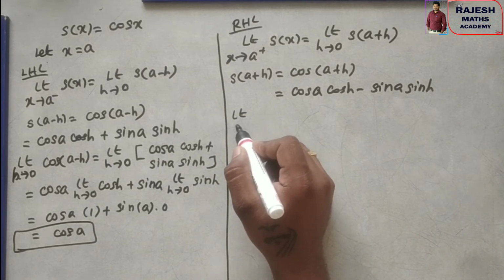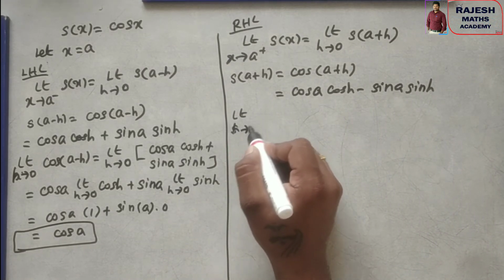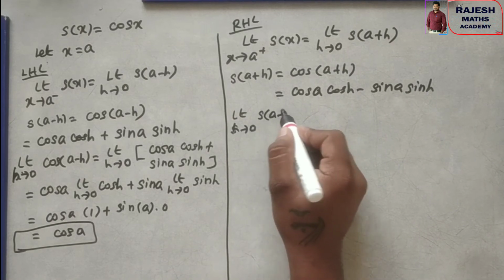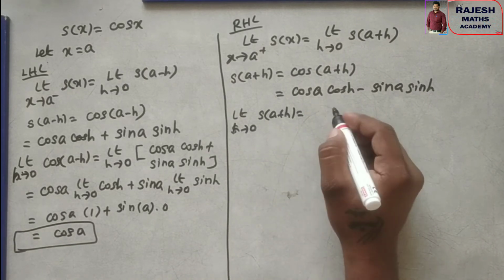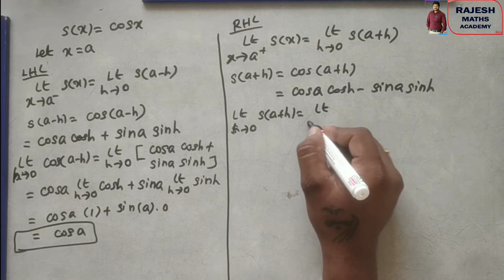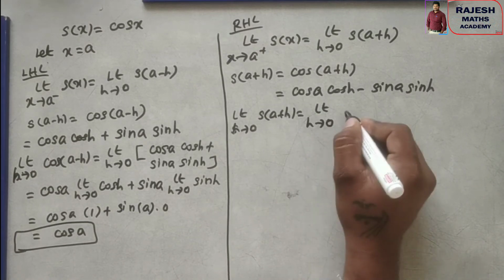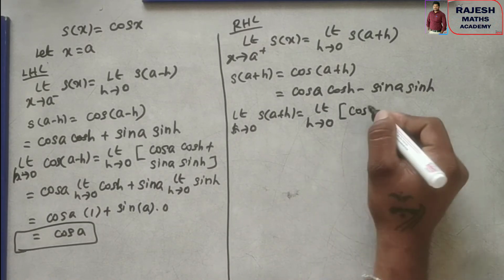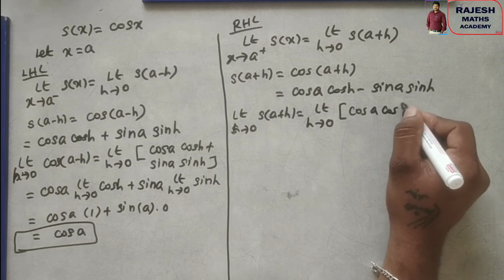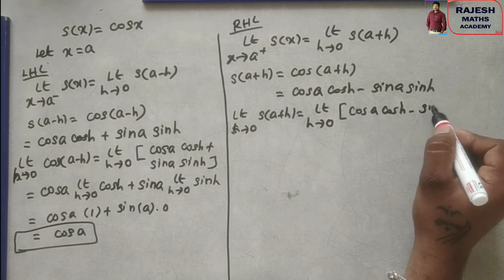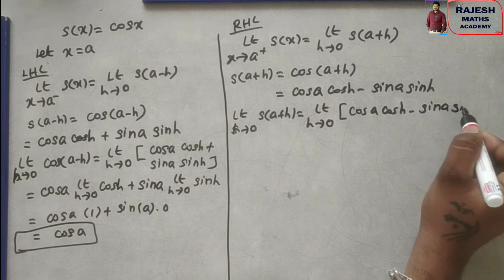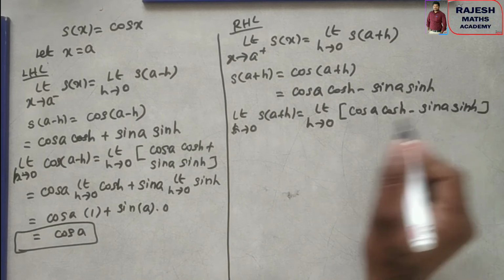Now apply the limit for this. Limit h tends to 0, s of a plus h equals, apply limit here also. So we will get limit h tends to 0 of cos a cos h minus sin a sin h.